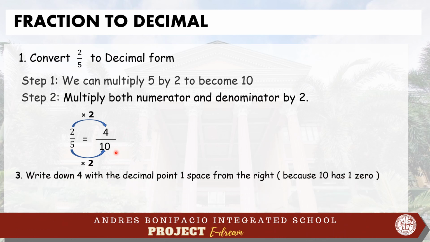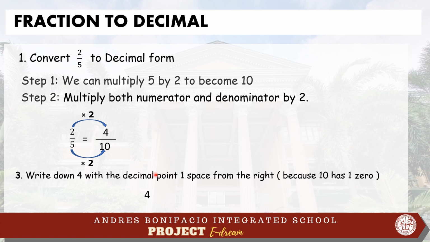So next we have, write down 4 with the decimal point one space from the right because 10 has 1 zero. So this time, itong 4 sa equivalent fraction natin ay isusulat natin yung ating numerator.